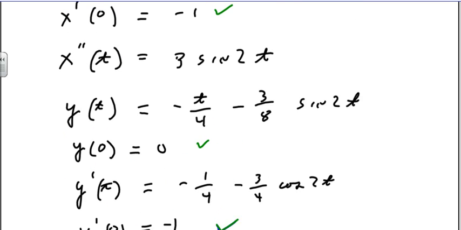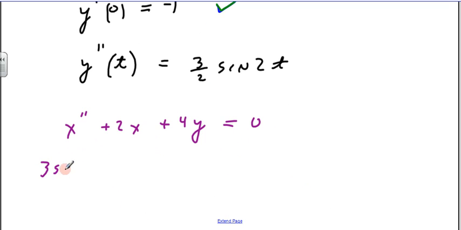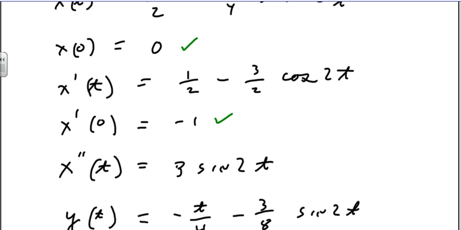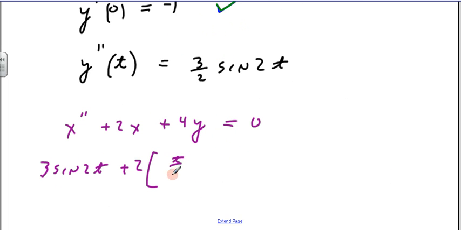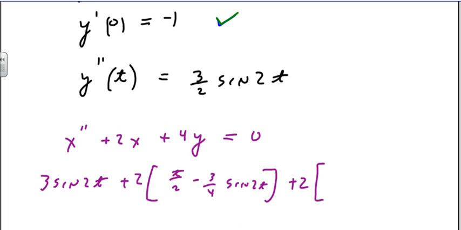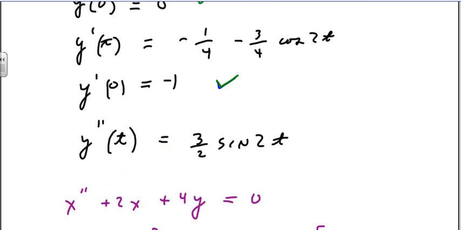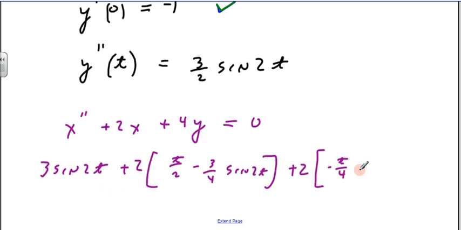So x double prime, 3 sine 2t, plus 2 times x, t over 2 minus 3/4 sine 2t, plus 2y, 2y minus 4 over t, minus 3/8 sine 2t has to be 0.